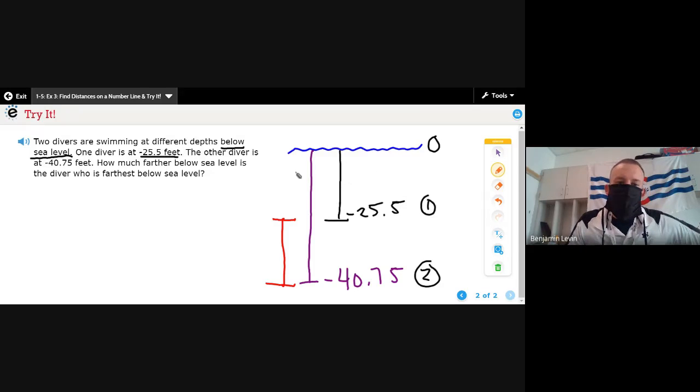When we say the word difference, what are we thinking? Are we thinking add, subtract, multiply, or divide? If you hear the word difference, the word difference should tell us what? Are we adding or subtracting?